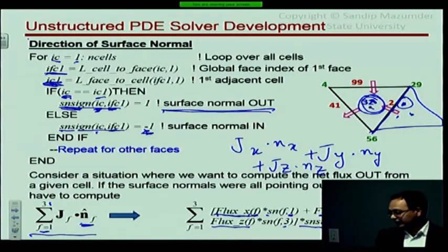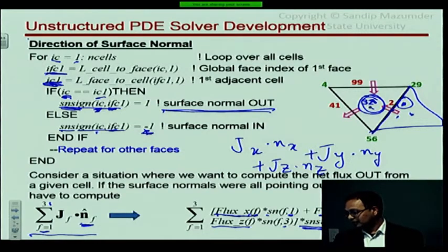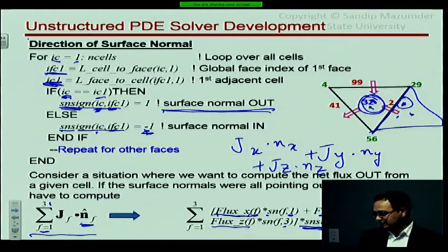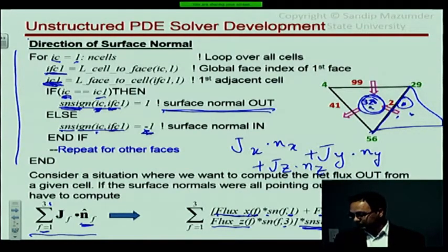If I did not have this, then your signs would be inconsistent. Sometimes you're looking at surface normal inwards, sometimes you're looking at surface normal outwards. Everybody understand that? So that's what this whole thing is doing, and this is how it's used in the end.